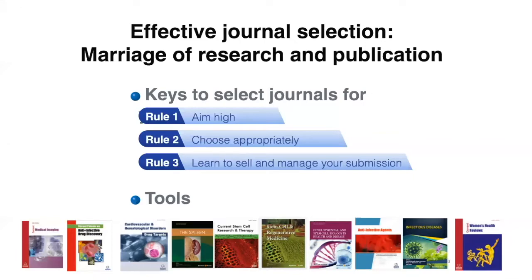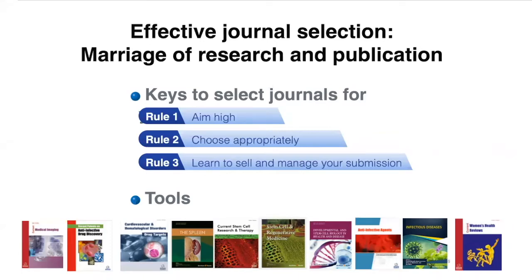If you have that short list of potential journals, then of course you can aim high. You can go initially with submissions to journals with higher impact factors. You can choose appropriately by talking to editors, talking to colleagues, discussing your research and results with your network, and potentially using things like preprint servers to make sure you get your work into the best possible journals at the end of the day.